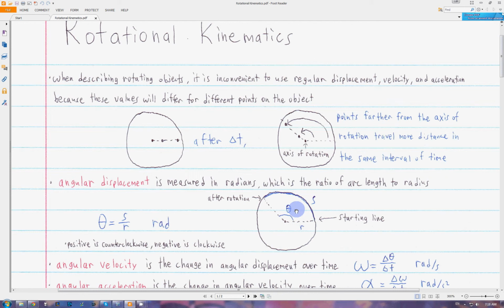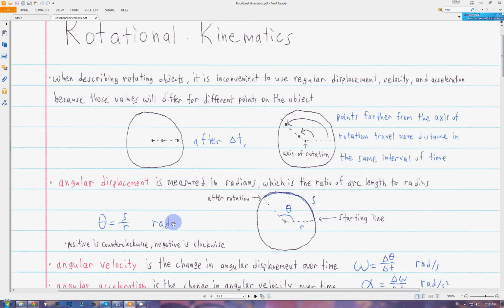And we measure this in radians, and a radian is just the ratio of the arc length of the angle over the radius of this circle. So radians is actually a unitless quantity because arc length and radius are both measured in meters, so the units cancel out.